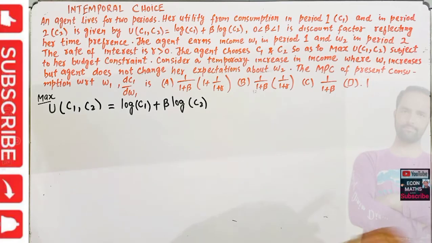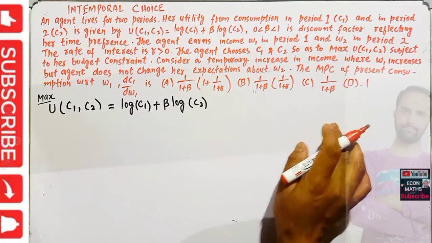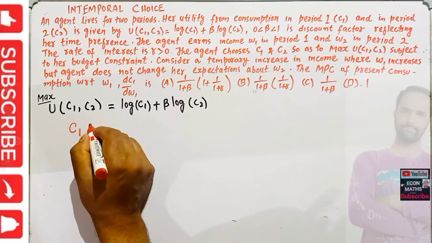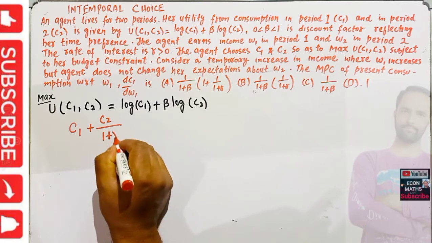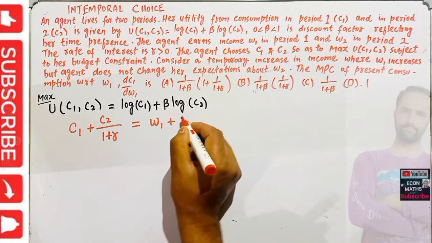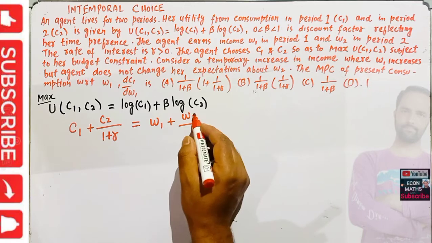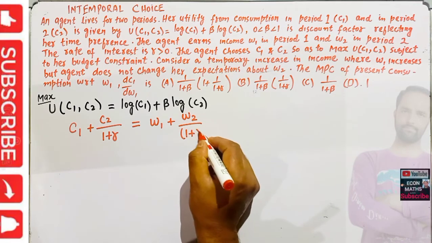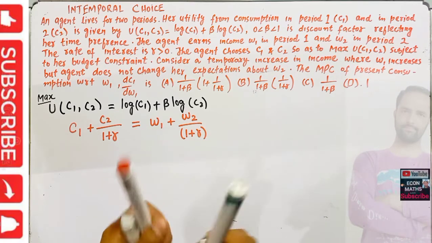Let me write it here: C1 plus C2 upon 1 plus R is equal to W1 plus W2 upon 1 plus R. That means income in period 1 plus income in period 2 upon 1 plus R. This is the budget constraint of the agent.